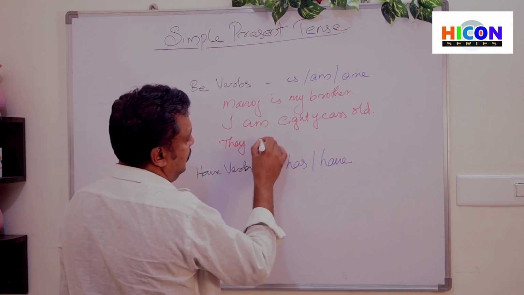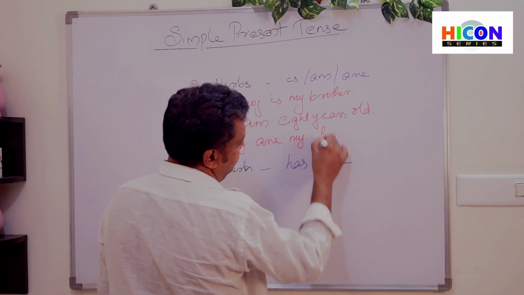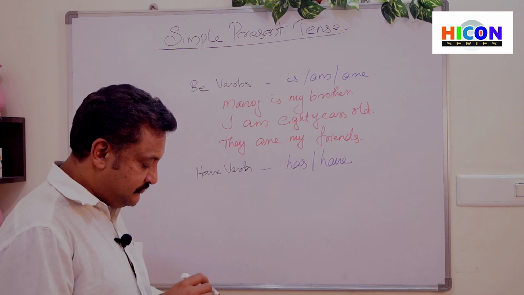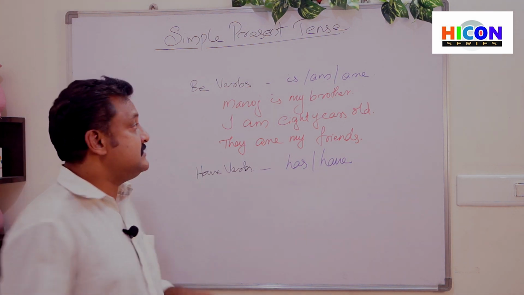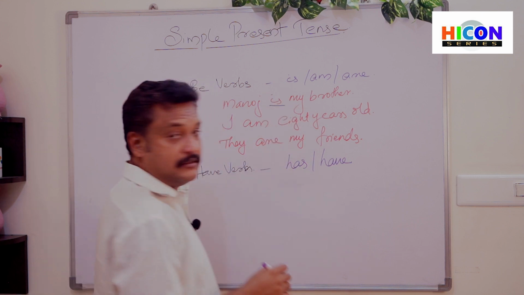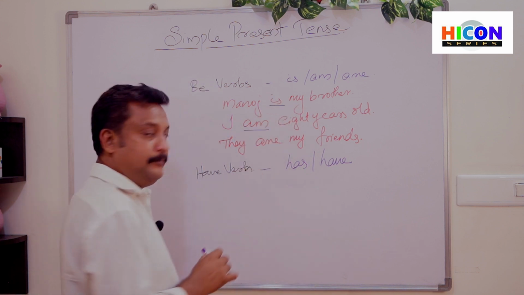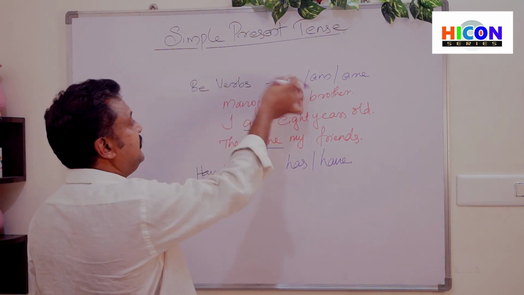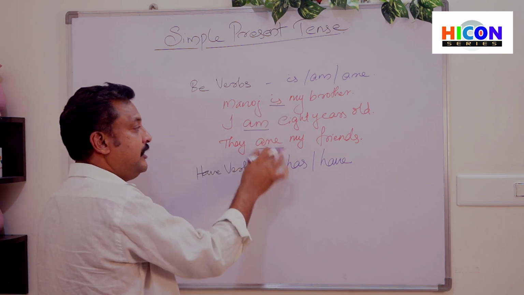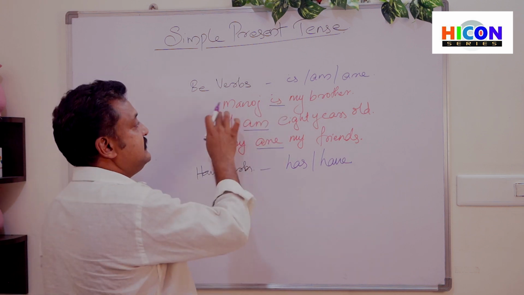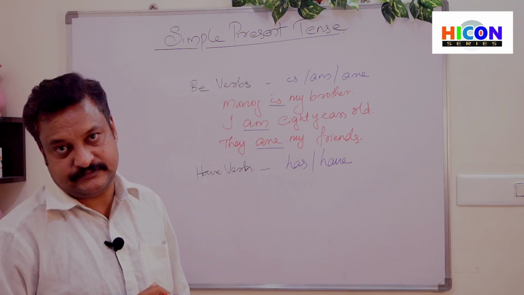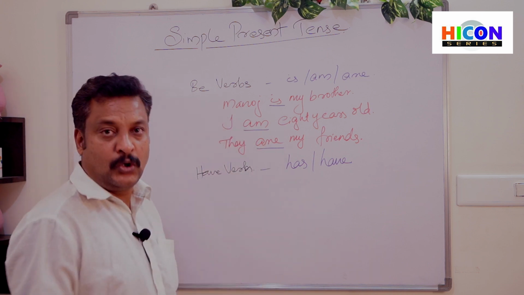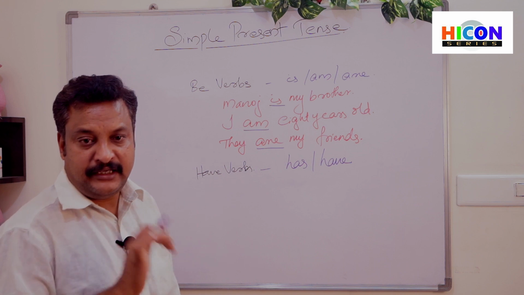They are my friends. Right? So I have written three sentences there. In the first sentence we have is. In the second sentence we have am. The third sentence we have are. Okay, so all the three be forms we have written here: is, am and are. So the first sentence says Manoj is my brother. I am 8 years old and they are my friends.